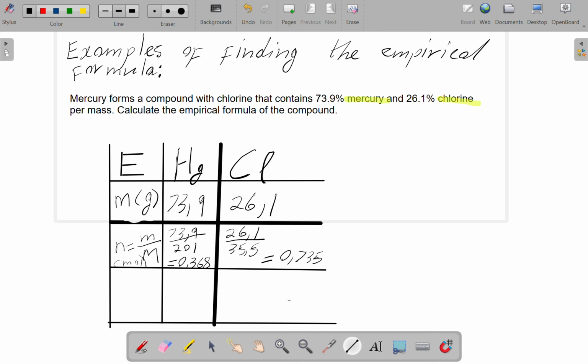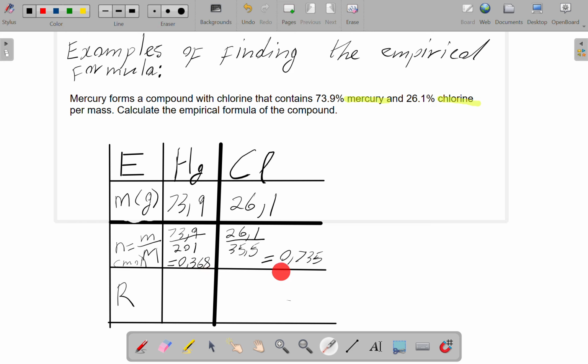On this last one, guys, what I'm going to have is my ratio. So I will write R for my ratio. My ratio I get by doing this. I will look at my two answers, which are my number of moles. This is my first number of moles, 0,368.